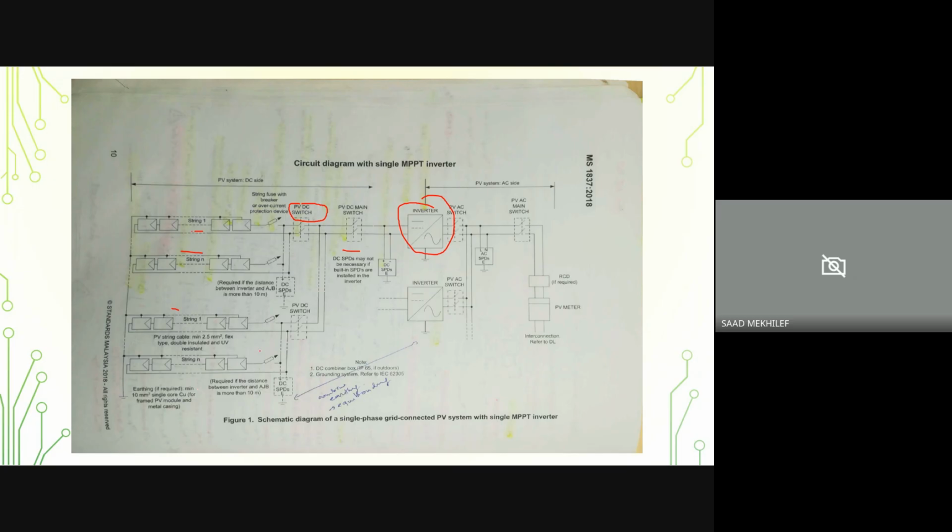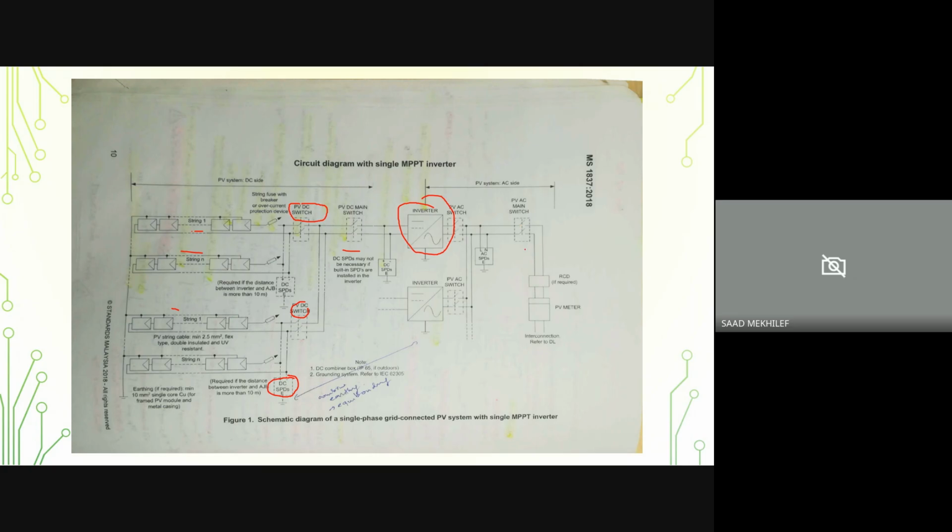You can have a number of strings, and for every one you must have the SPD, and then we have the DC switch when connecting. Also, you may have more than one inverter, so you have another inverter here, and then you can connect the connections.